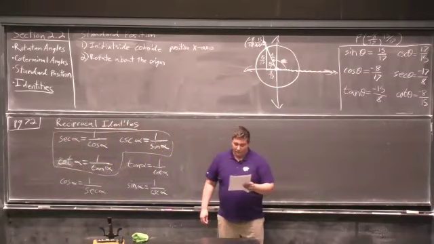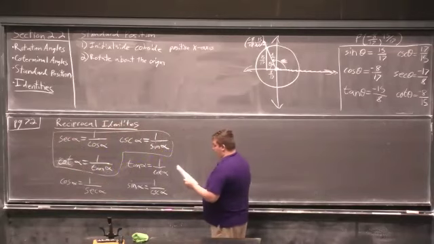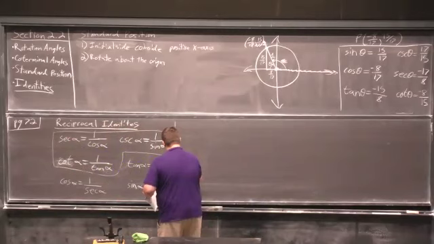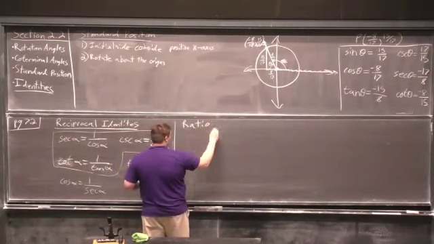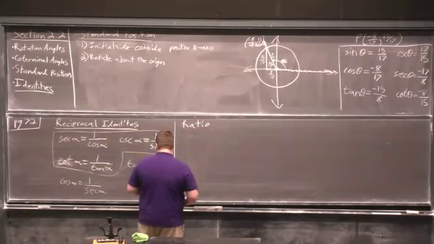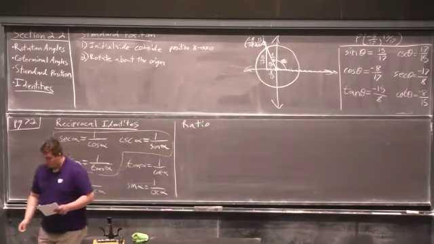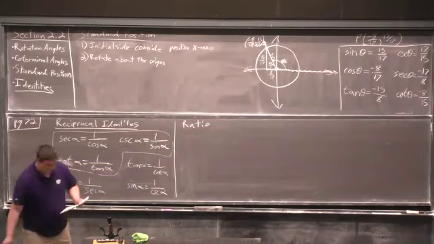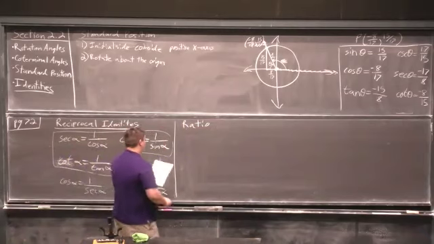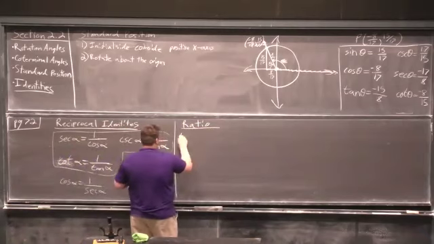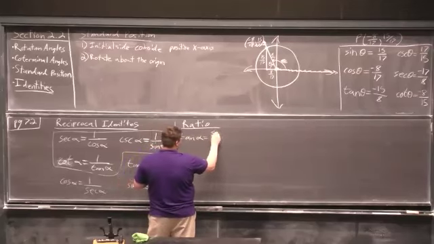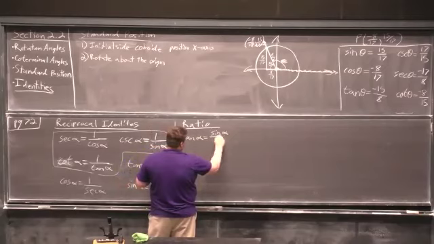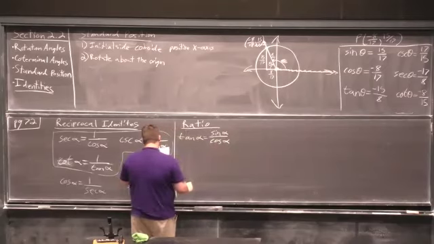So the other set is the ratio identities. And so for these, you'll have identities like tangent of alpha equals sine of alpha over cosine of alpha.